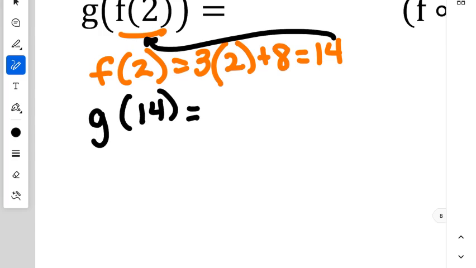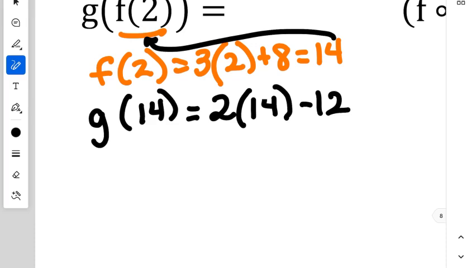So g of 14, got to use the g function. Look at your g function. 2x minus 12. So 2, what do I put in for x? 14. And then minus 12. You could put that in the calculator. 2 times 14 minus 12.